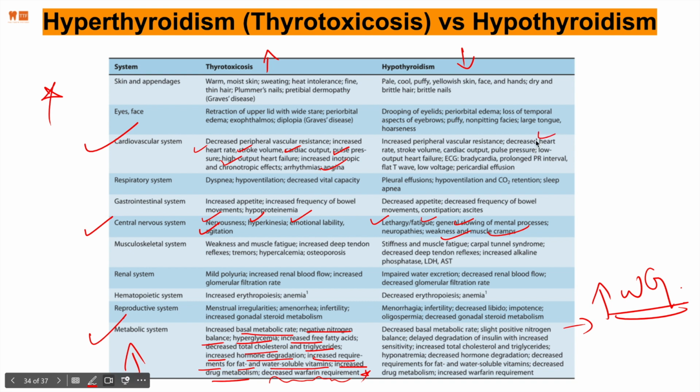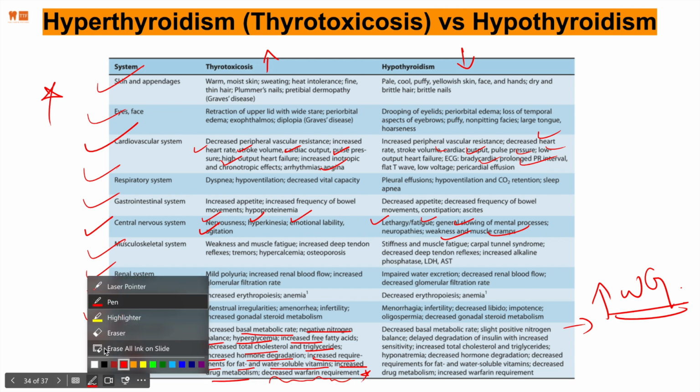There is decrease in heart rate, stroke volume, cardiac output, pulse pressure, everything is low, right? Bradycardia, prolonged ECG, and so on. Now, all of these you can write down as little pointers and make a short note on it, you guys.